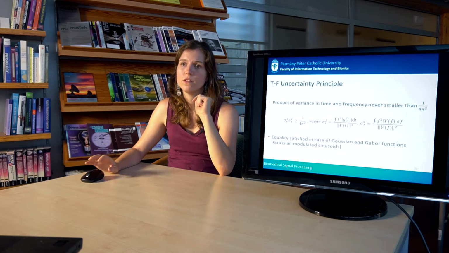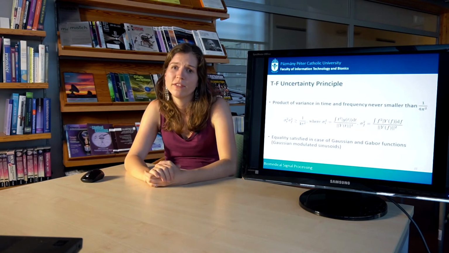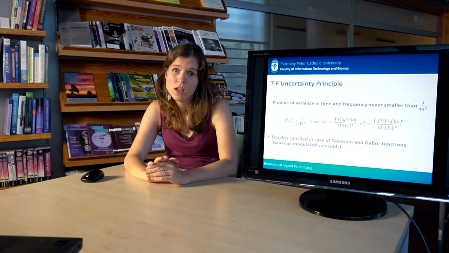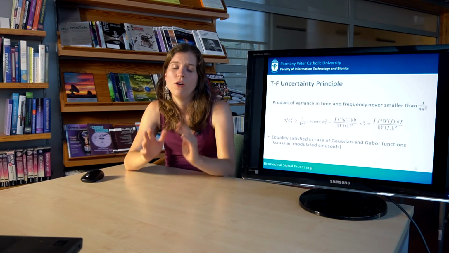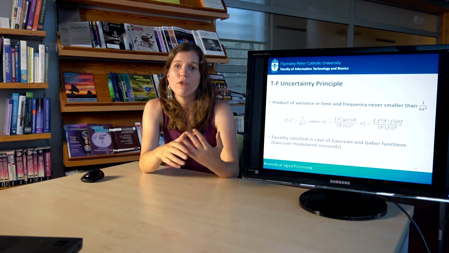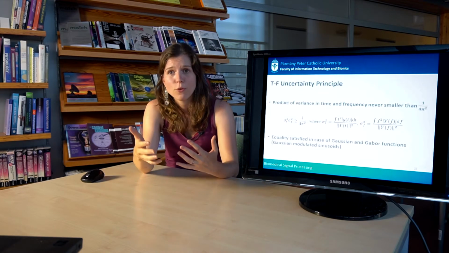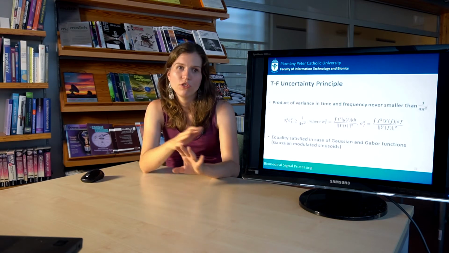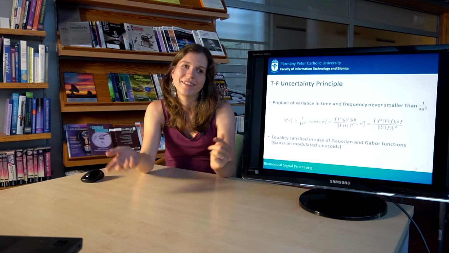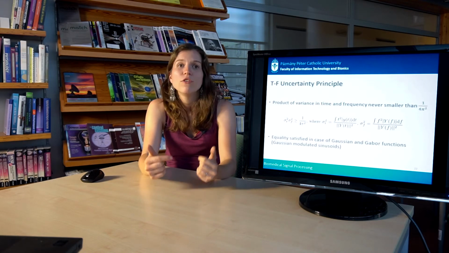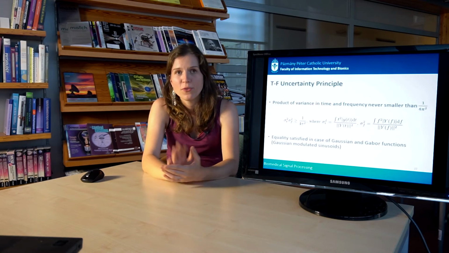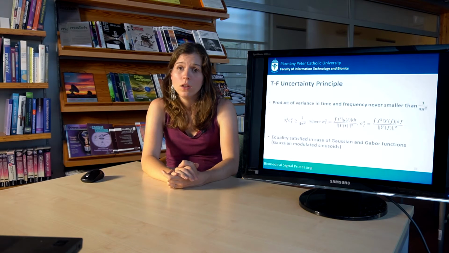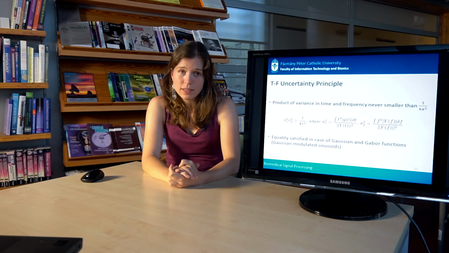So this is the so-called time frequency uncertainty principle. It means that the product of the variance for time and frequency is never smaller than this value, which is the most standard with the standard deviation values, this 1/4π number.